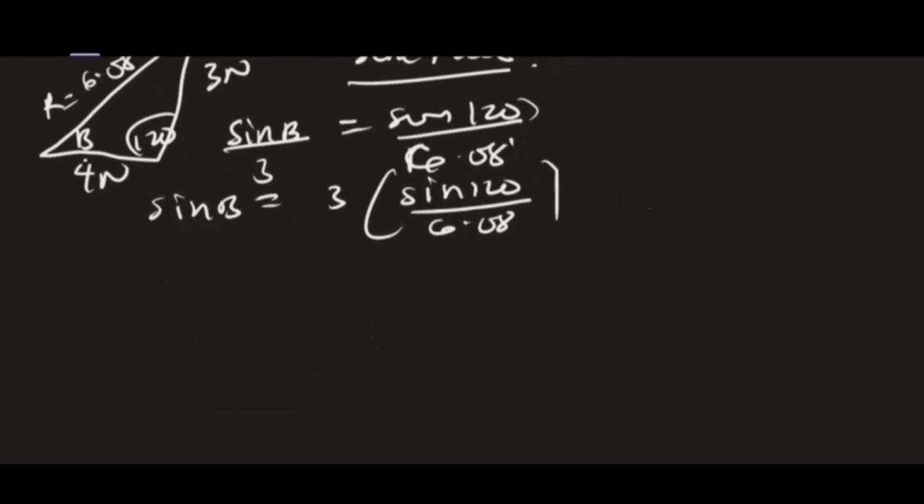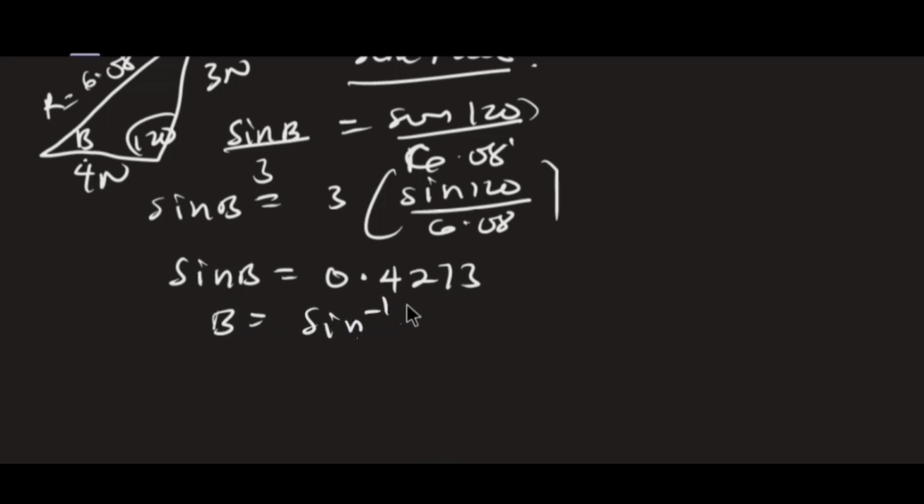So let's see. I'm going to solve this. 3 multiplying sine of 120 over 6.08. So I'm getting sine beta to be equal to 0.4373. So sine inverse of this gives me beta.